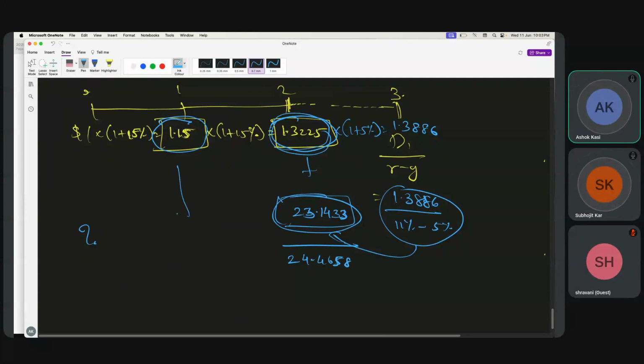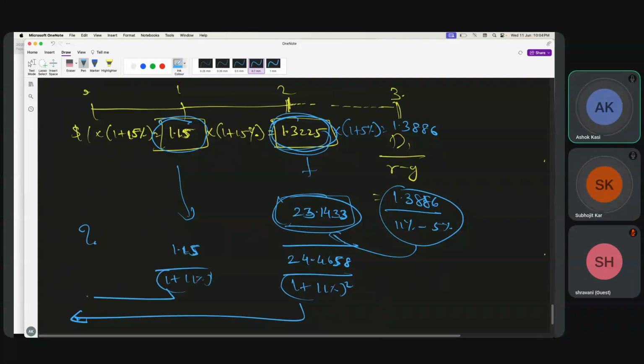And here I'm receiving 1.15, which is for a different year. So I will discount the year 2 amount at 11.5 percentage for 2 years and bring it here, discount the 1.15 at 11.5 percentage for 1 year, and then add up these two.